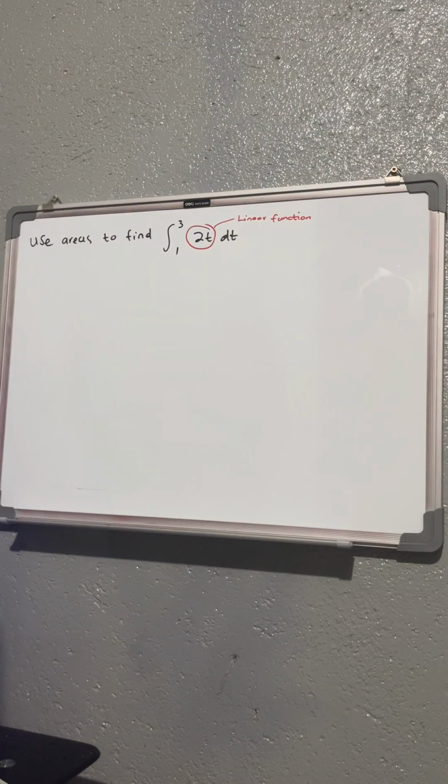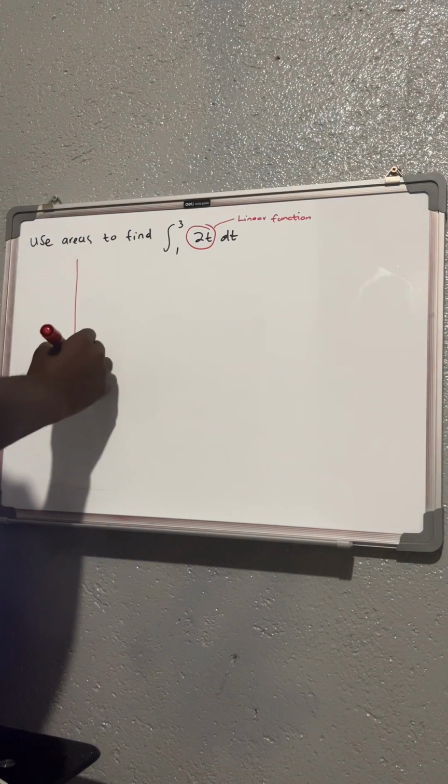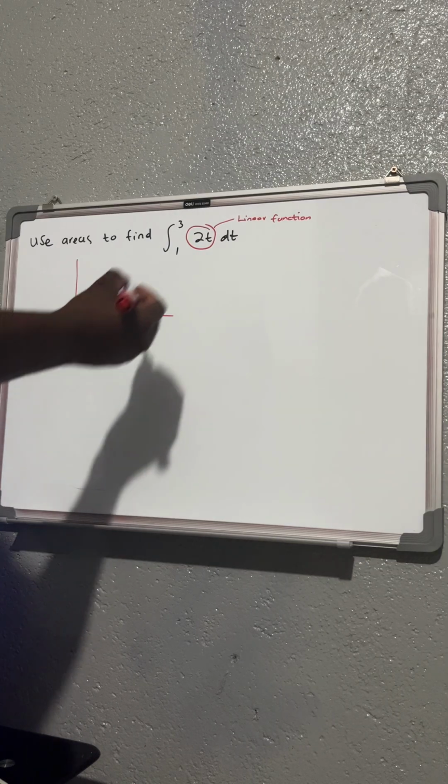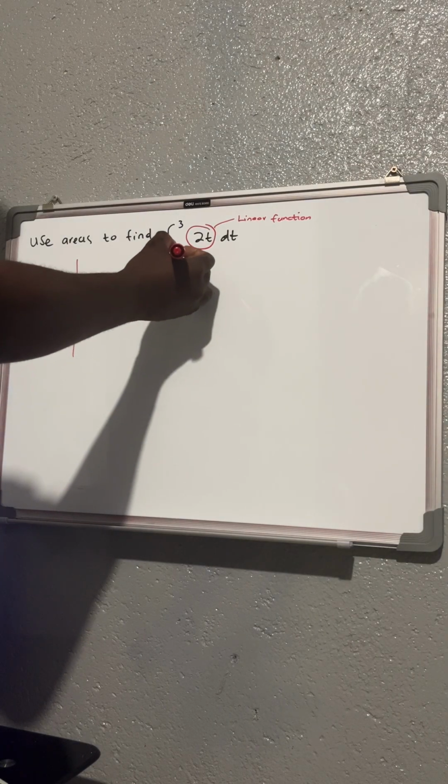If it's a linear function and you want to solve this using your Cartesian plane, how is this going to look? You will have your Cartesian plane, which looks like this. But what numbers are we going to use? We're given a restriction, which is the 1 and 3 that you see here.